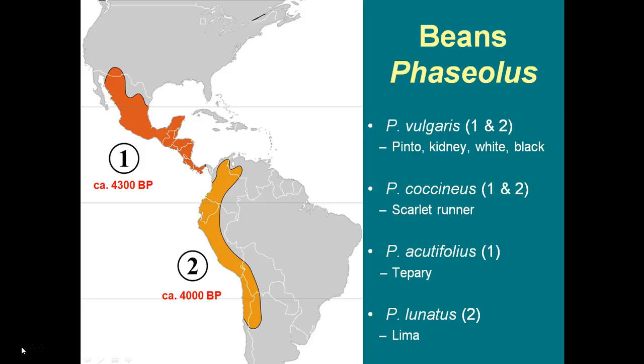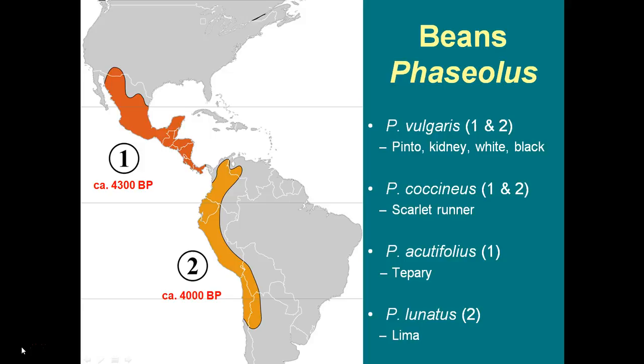The tepary bean was independently domesticated in northern Mexico and southern Arizona, and it is from the tepary bean that the Autumn people got their name, the bean eaters or papagos, from the Spanish. And tepary is from their word for bean, which is tapawi.